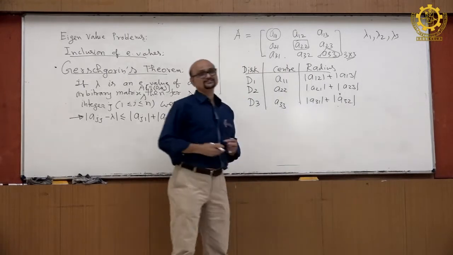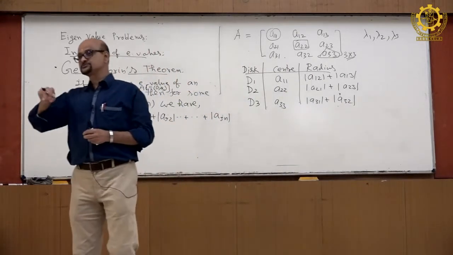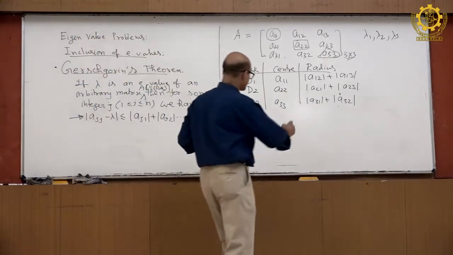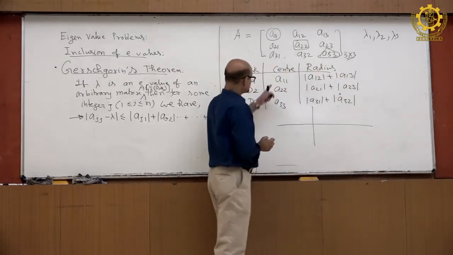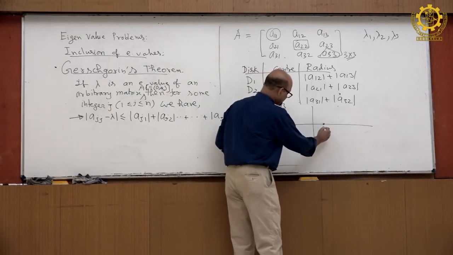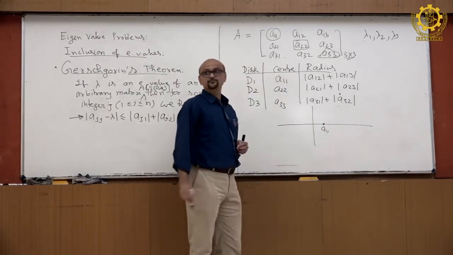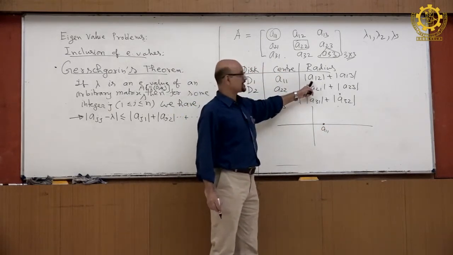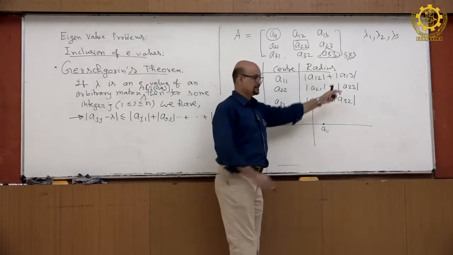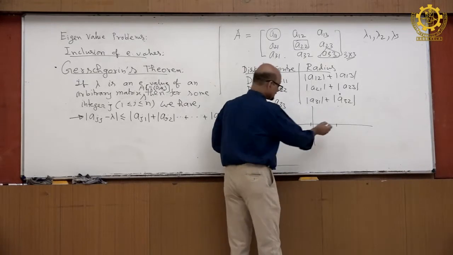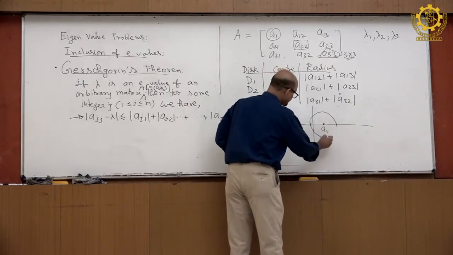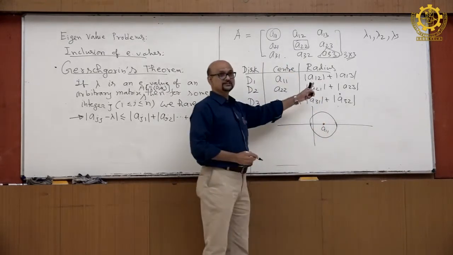Now, I know the center and radius, so I can plot those. Suppose this a11 is somewhere here, positive suppose, and I have the radius a12 plus a13 as a distance like this. So, I can draw a disk using this radius.